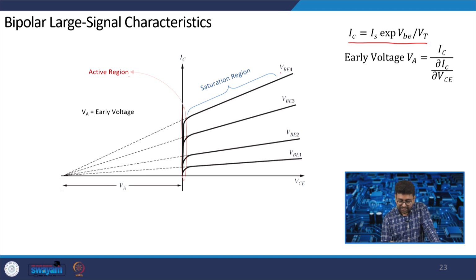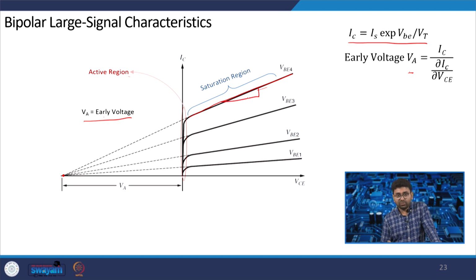For the large signal characteristics, this is the current, and beyond the saturation region here, this is the active region. There is a slope, and if you extrapolate it to this point, that is nothing but the Early voltage. From the Early voltage you can also get the output impedance RO, that is del IC by del VC.